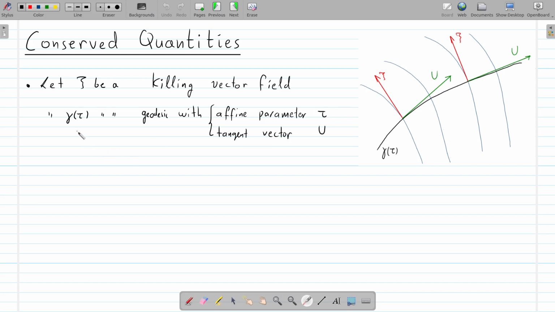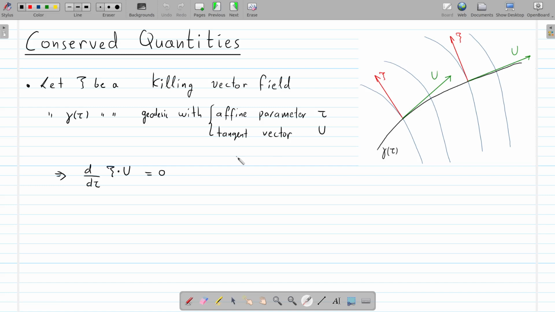And let's consider a geodesic with an affine parameter tau, and let's assume that its tangent vector is u here, which can be the values of a vector field on that curve.